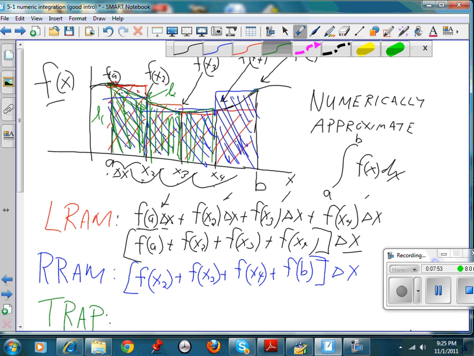A trapezoid, the area of a trapezoid is the average of this height and this height times the width of the trapezoid.